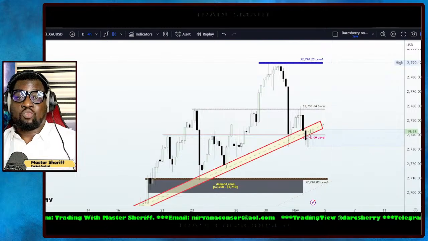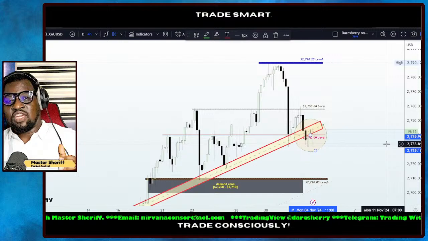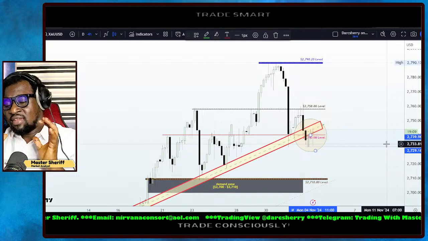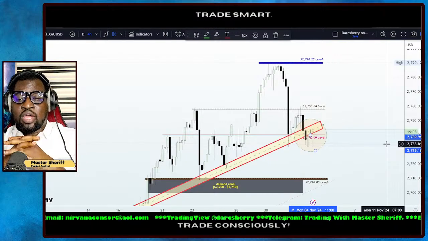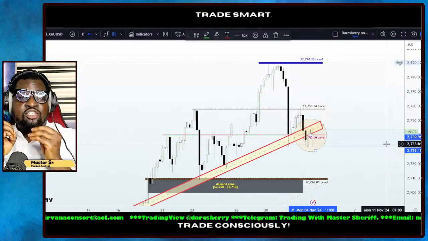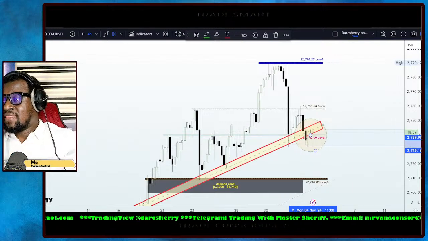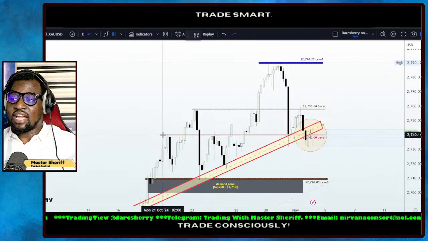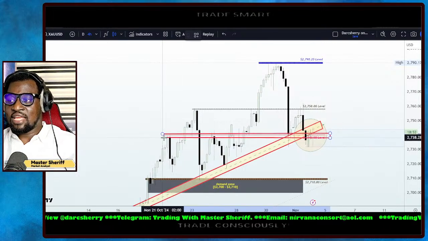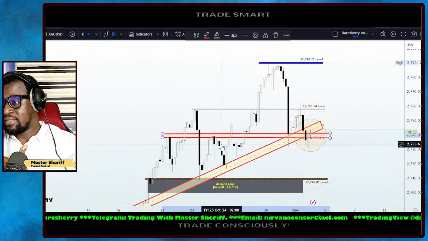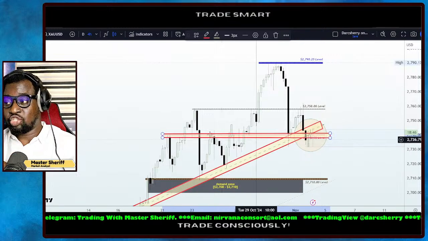And since the week has begun, we've continued to see price oscillate within and around the trend line. Though we have a little bit of a breakdown, you can see price is not going far away from that trend line. So for me, it shows that we are at a crucial juncture, and that same area also shares a confluence with that key level at the 2,740, a level which also has a memory for both buying and selling pressure in the past.